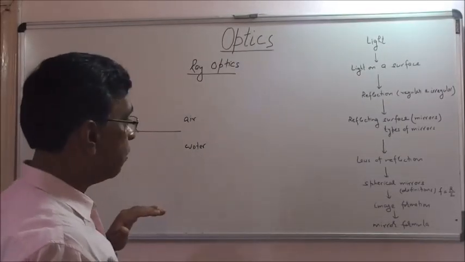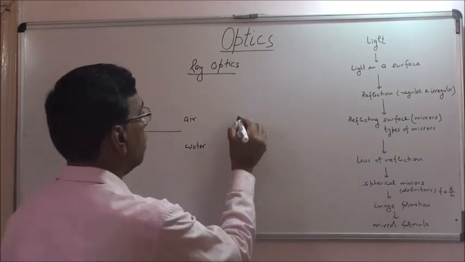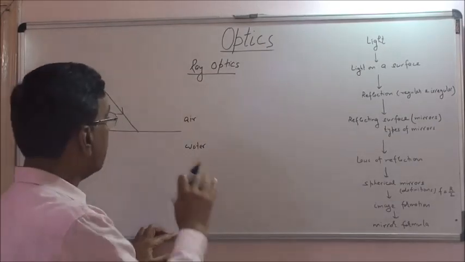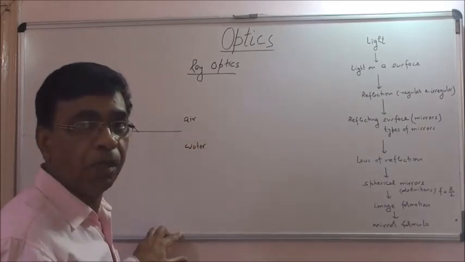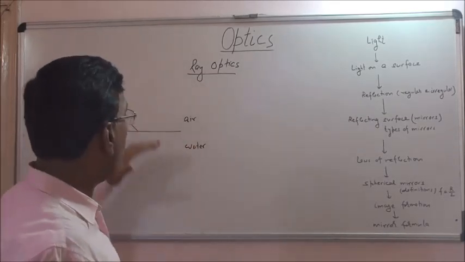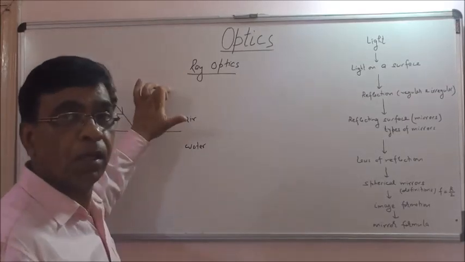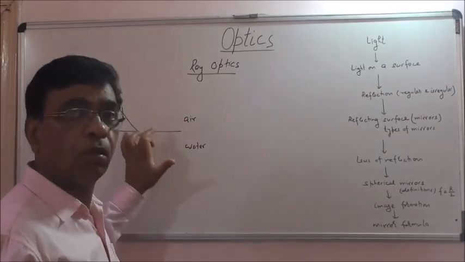It strikes this surface. Now three things may happen. The light ray may bounce back, it may be absorbed by the medium, water here, or it may pass through.